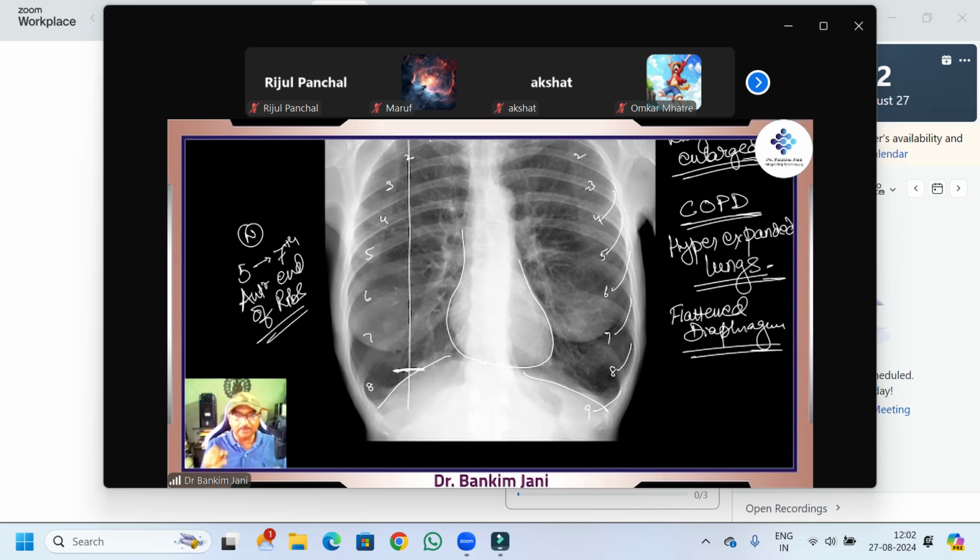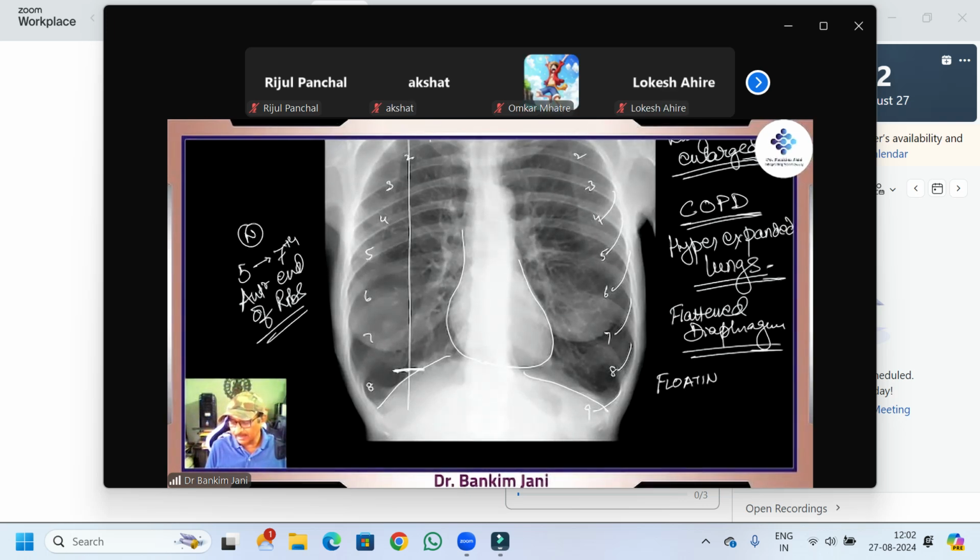So when the lungs are hyperexpanded, this is called the floating heart sign. When the diaphragms are flattened and so low, it is as if the heart is just floating. This is typical.